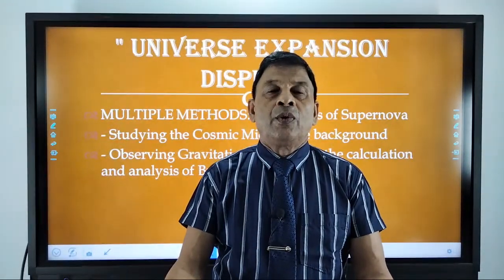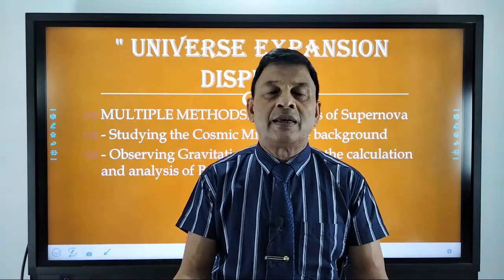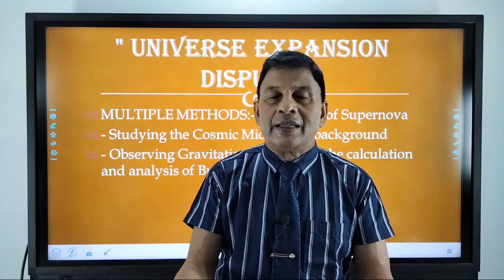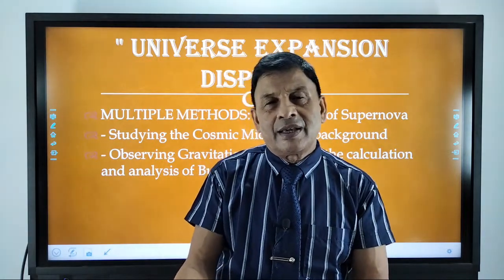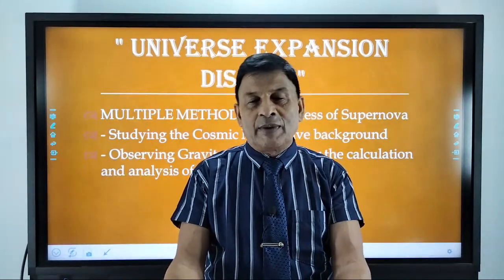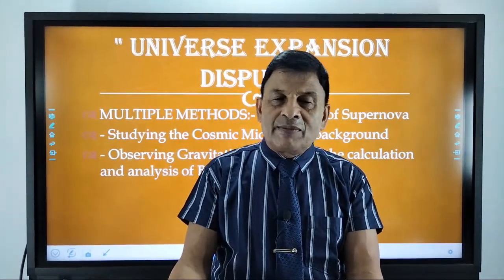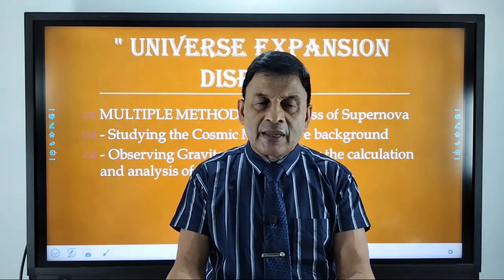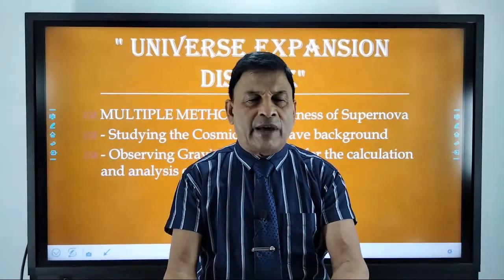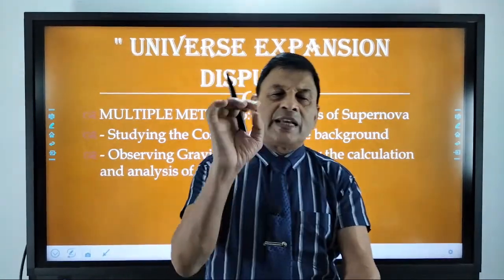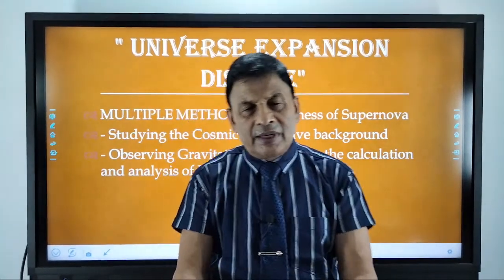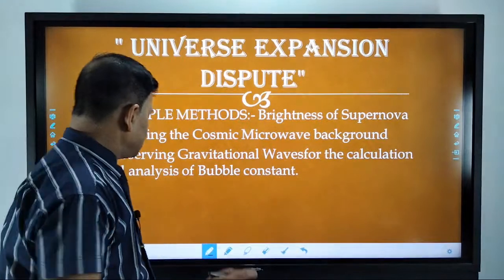Now, what is the approach of the scientists or researchers from these three organizations? Multiple methods, along with the observation of the brightness of supernovae, studying the cosmic microwave background, and observing gravitational waves for the calculation and analysis of the Hubble constant. Again, here is a spelling mistake.